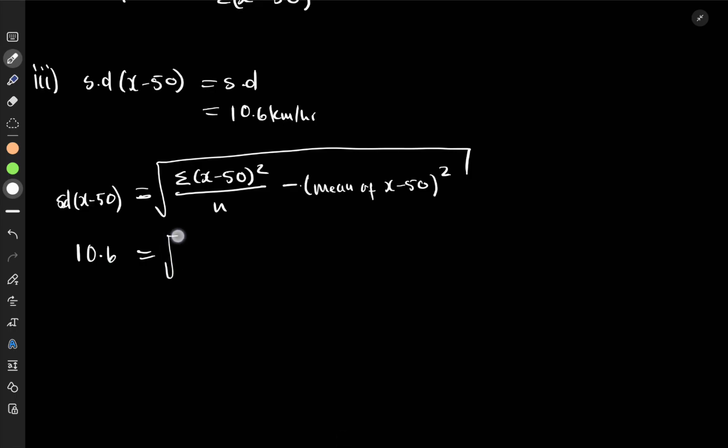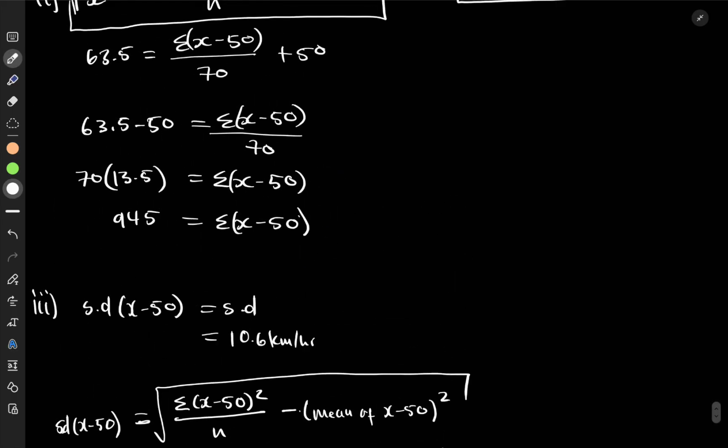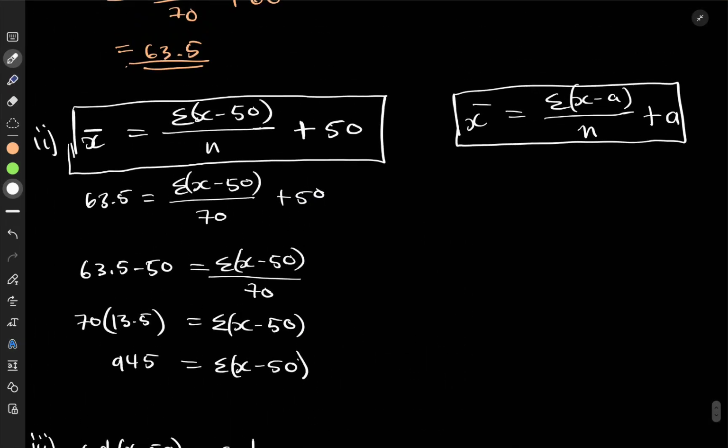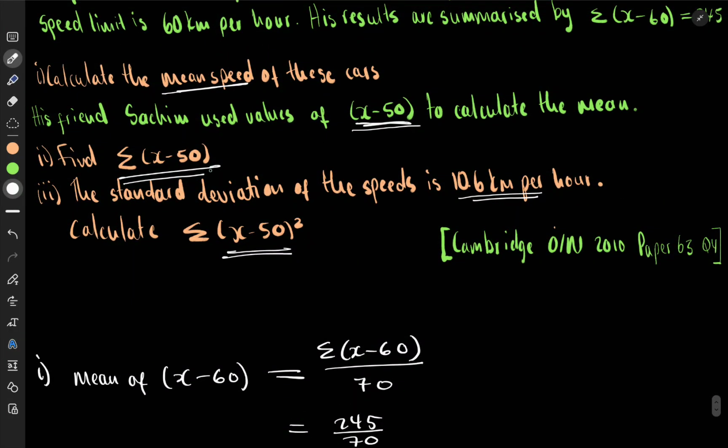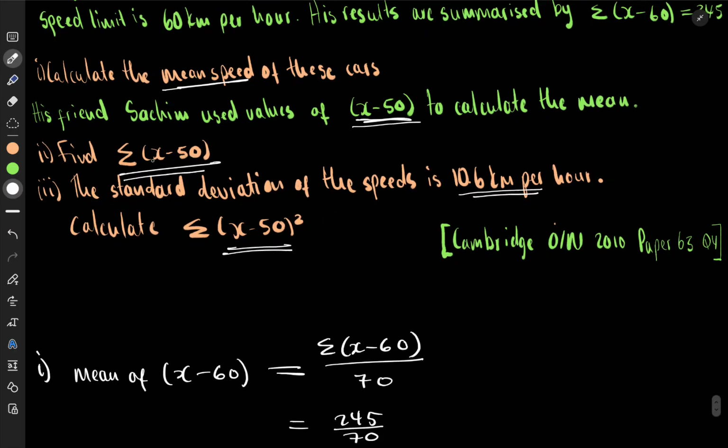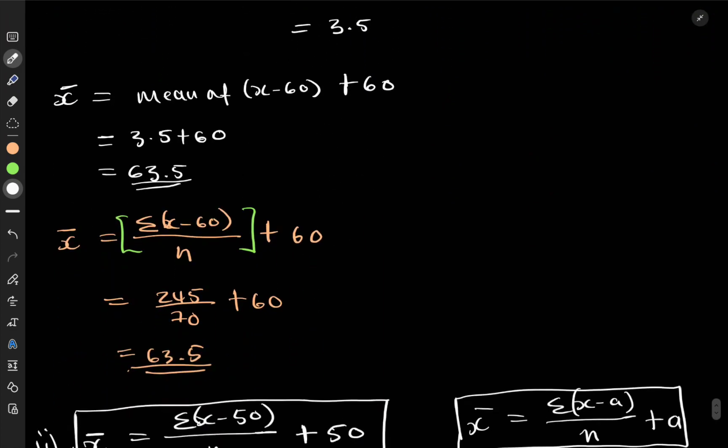This is equal to the square root of the sum of x minus 50 all squared, which we don't know, over how many terms, 70, minus the mean of x minus 50. Do we have the mean of x minus 50? It's in the question: his friend Sachin used the values of x minus 50 to calculate the mean.